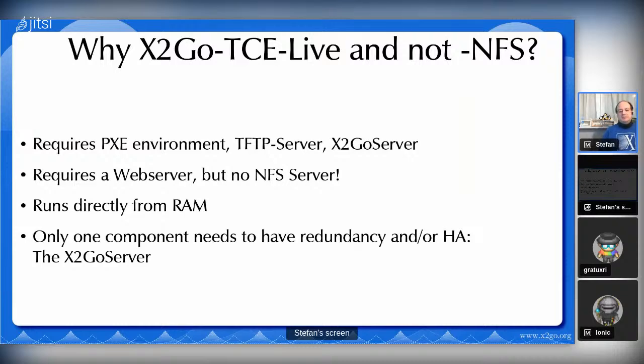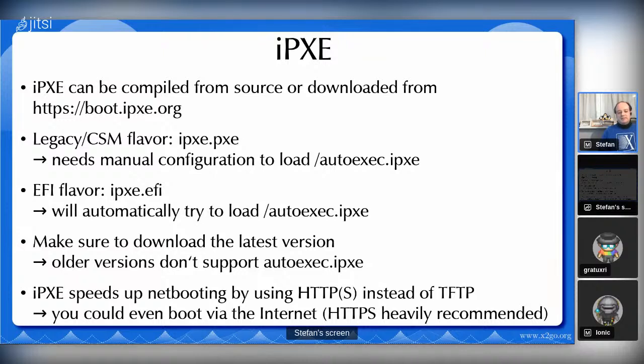Next, what is iPXE? iPXE extends the PXE environment with some really cool additional features. It can be compiled from source, but there are also pre-compiled binaries available from boot.ipxe.org. The legacy flavor is called iPXE.pxe, and it needs some additional configuration on your DHCP server side to load the default configuration file, which is called autoexec.ipxe, located in the root directory of the TFTP server.